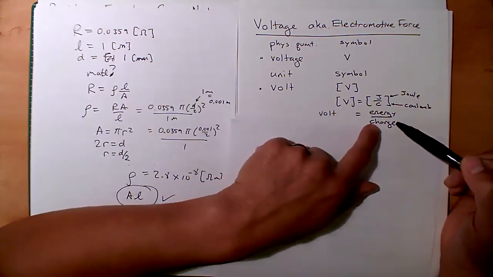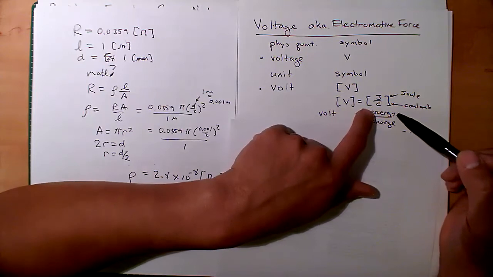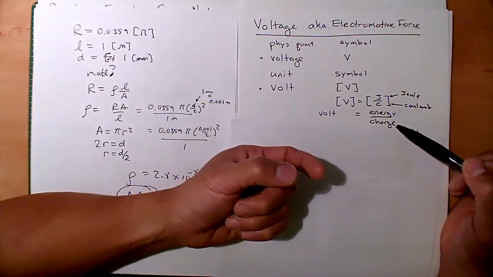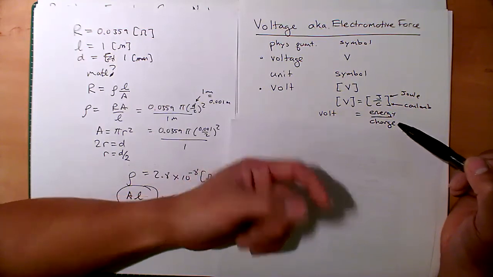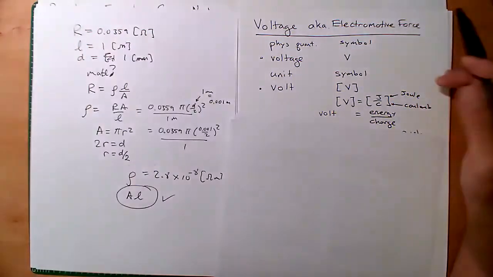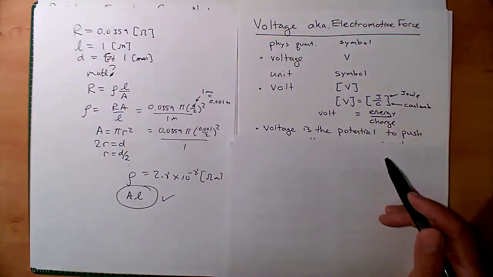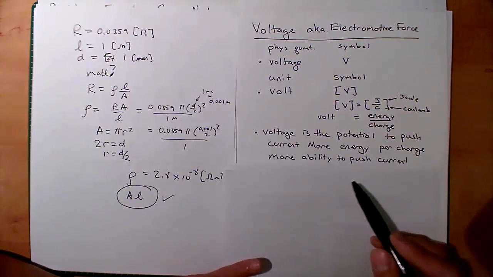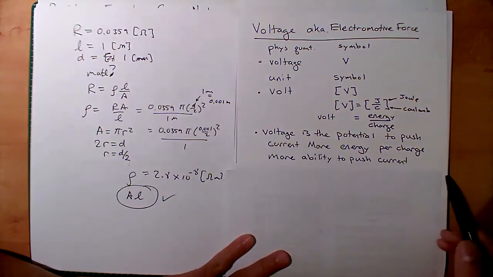So if we have more voltage, we have more energy per that little molecule of water. Does that make sense? So it's kind of like a potential, right? You're just building it up, whereas current is like flow. So voltage is the potential to push current, more energy per charge, and more ability to push current.